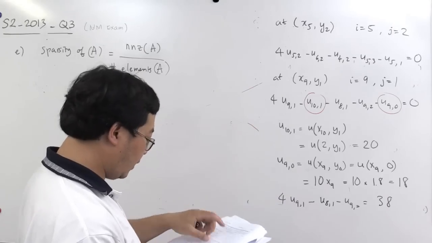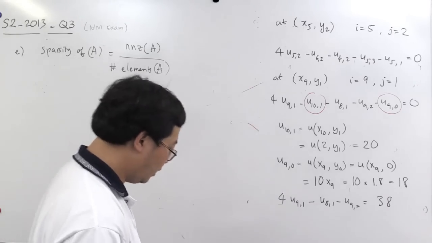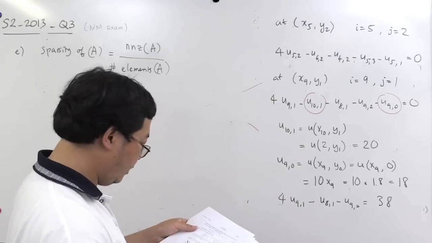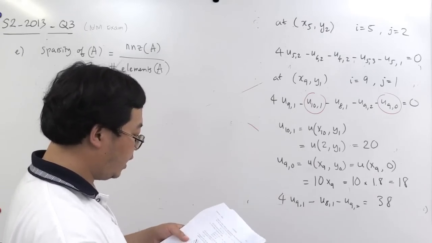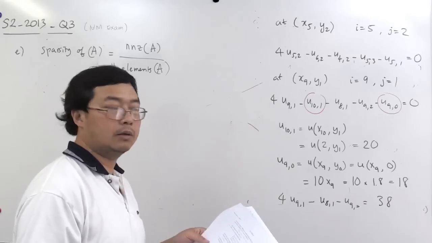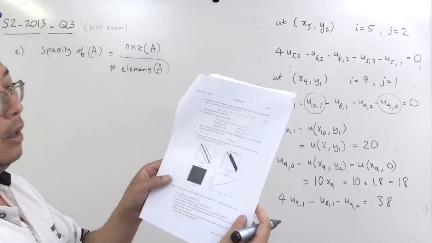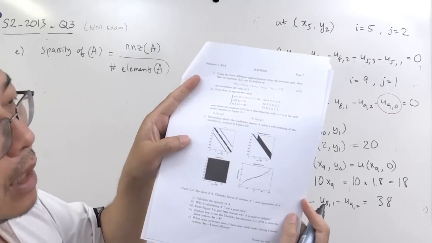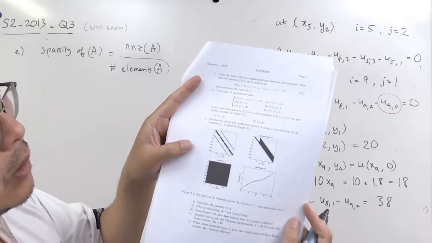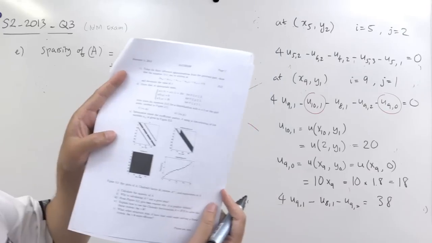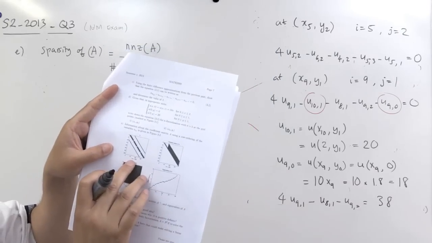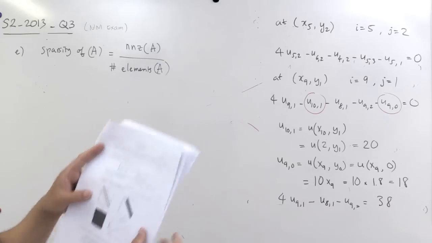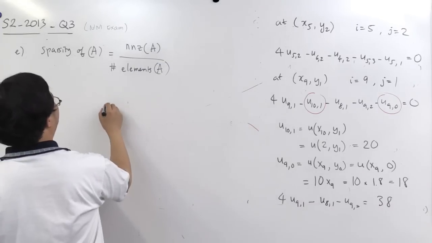If you look carefully at the pictures given in the exam paper, the number of non-zero elements is given in the figures, just 154.